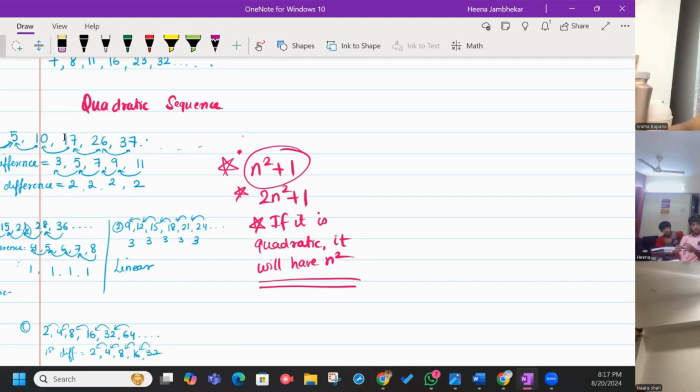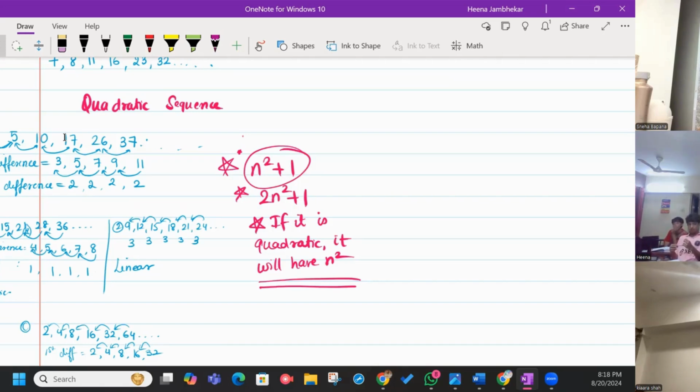Now what is happening? n square: 2n square, 3n square, 4n square, 5n square. Whenever you have n square, that is nothing but quadratic. For example, n square plus 1. N square has come, so it is going to be a quadratic sequence. 2n square plus 1, again quadratic. Are you understanding why quadratic? Because it has n square.